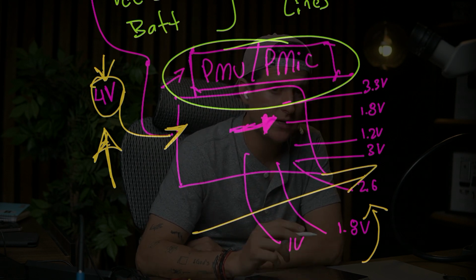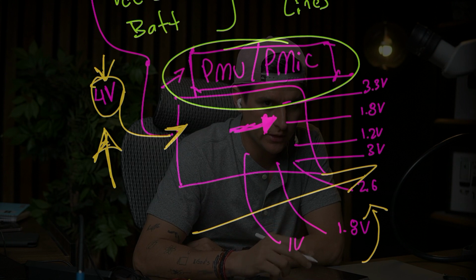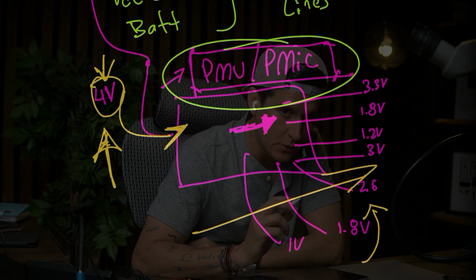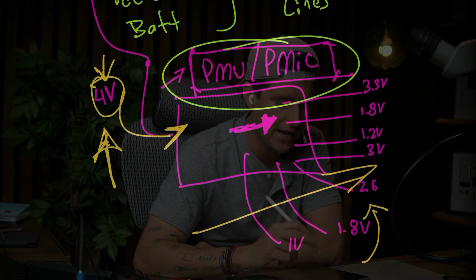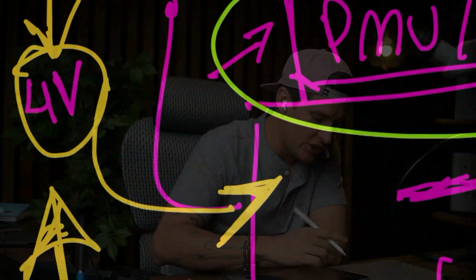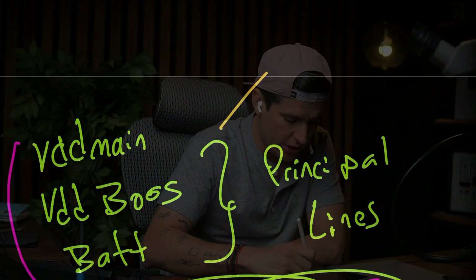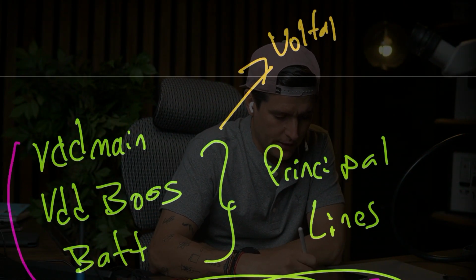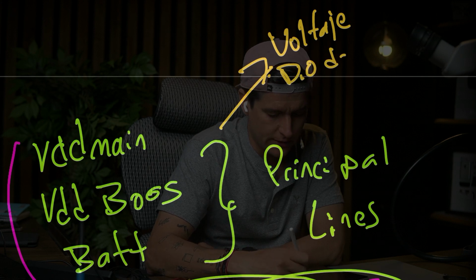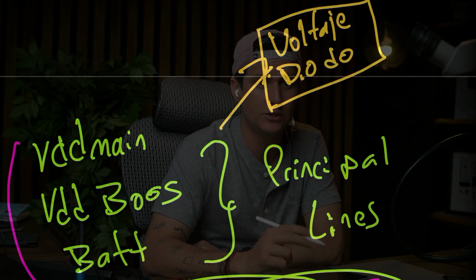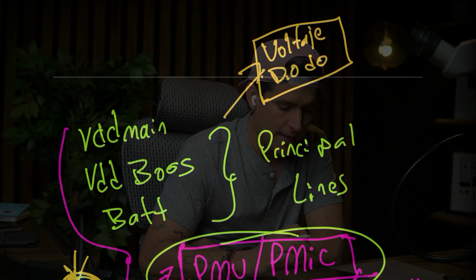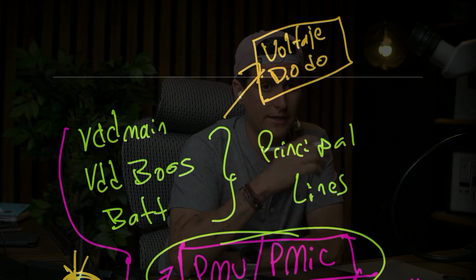That's why it's so important. The first thing you have to do when you have an iPhone that is not powered on is check the principal line. Remember, you can check the voltage and you can check in diode mode. That's it, because you have to know if these principal lines are good.